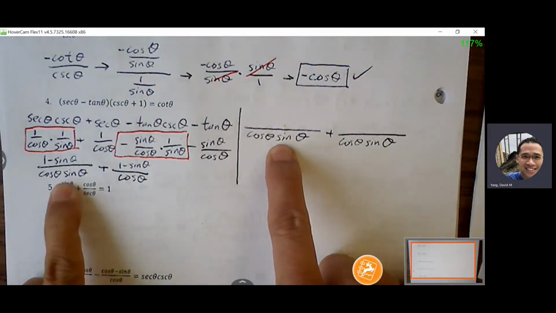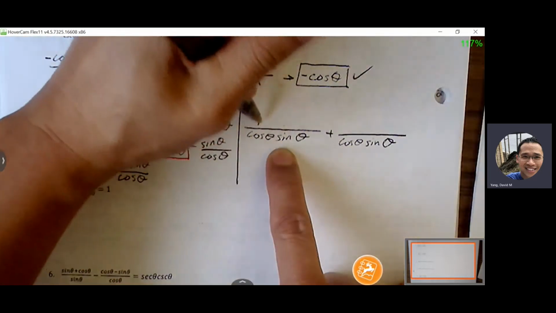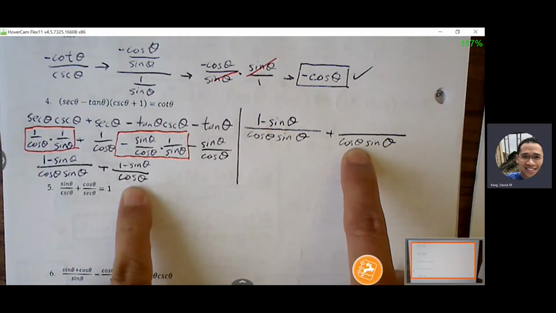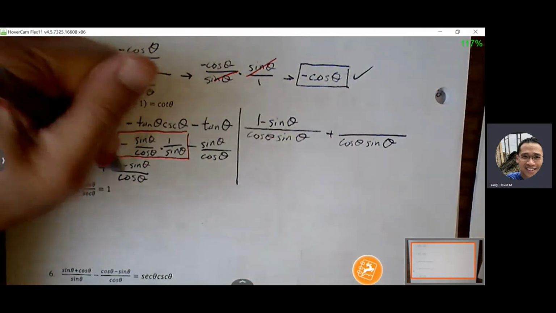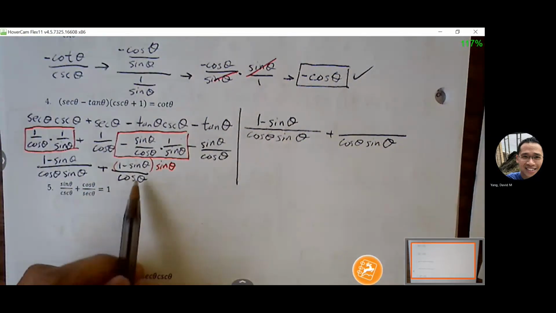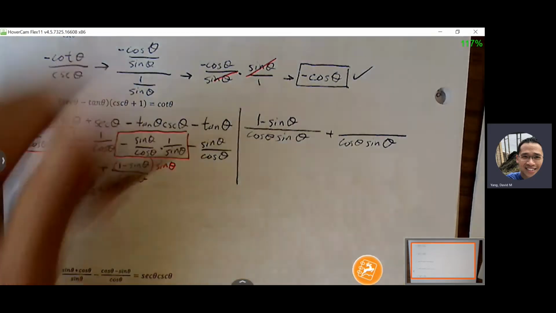Okay, balance each fraction. The first fraction does not need any balancing. Just bring that 1 minus sine over. The second, though, is missing a sine, so I need to multiply this by sine. If I distribute this through, I get sine theta minus sine squared theta.